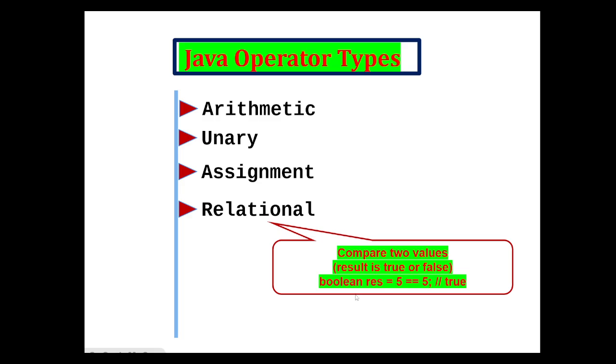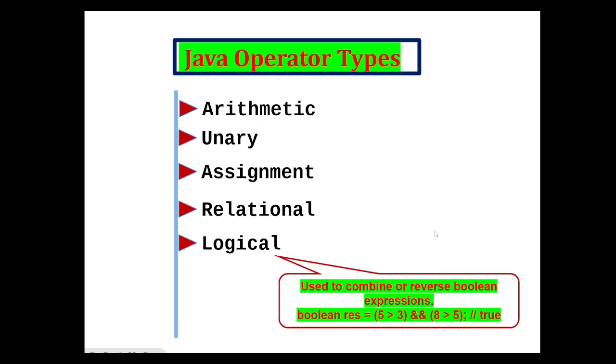For example, we have a Boolean response where the condition is 5 double equal to 5, that means it's the relational operator equal to, which comes out as true. There are other relational operators as well, and they give us true or false as a value in return.